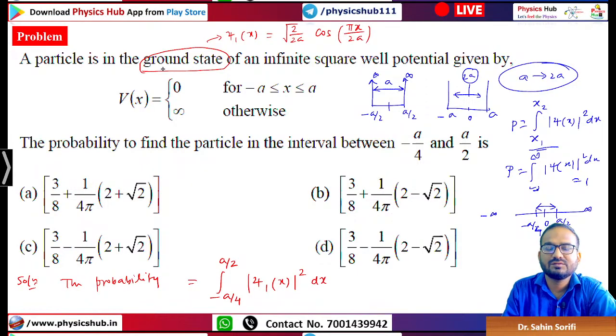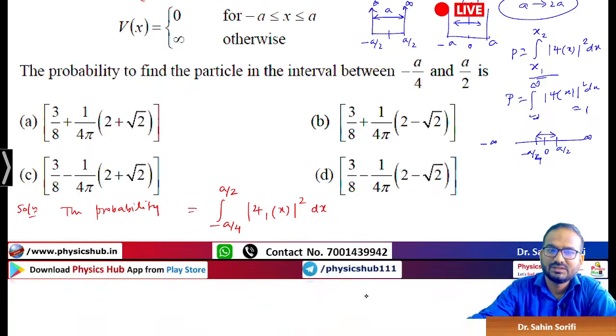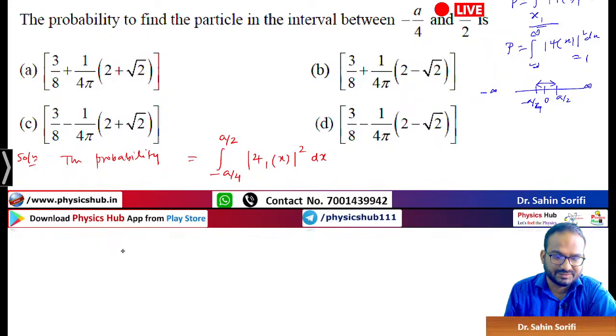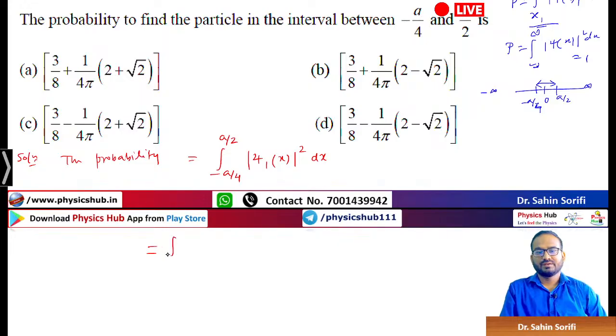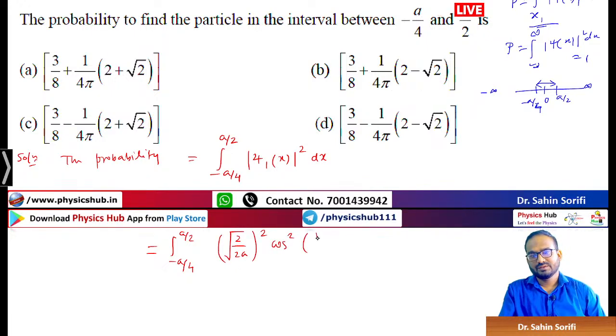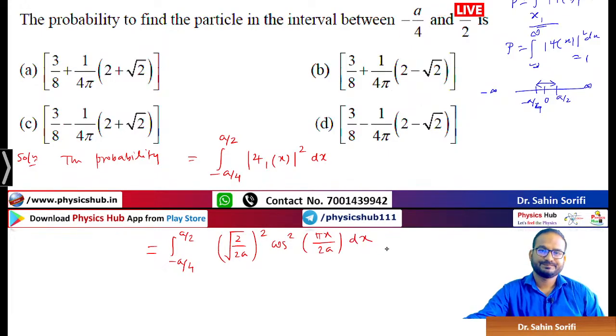If it is asking about the first excited state, then you would choose psi 2 of x. Whatever state it mentions, that you have to put in. Hence this becomes the integral from minus a by 4 to plus a by 2 of square root of 2 by 2a whole square cos square pi x by 2a dx. As simple as that.